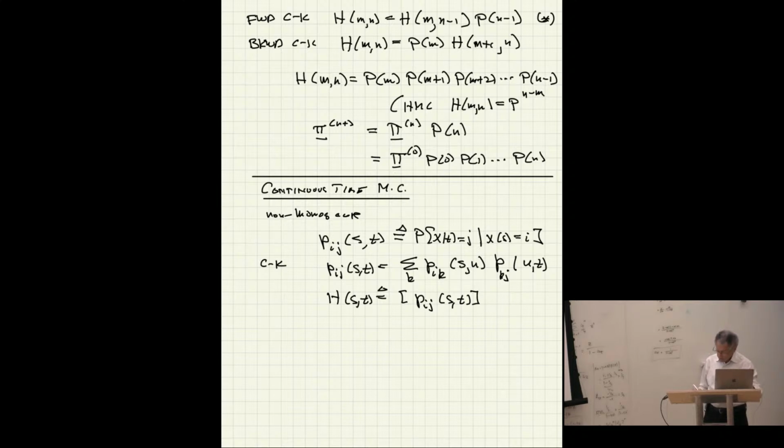So in matrix form, the Chapman-Kolmogorov equation is that H of s and t is equal to H of s and u times H of u and t. And again, u is in between s and t.